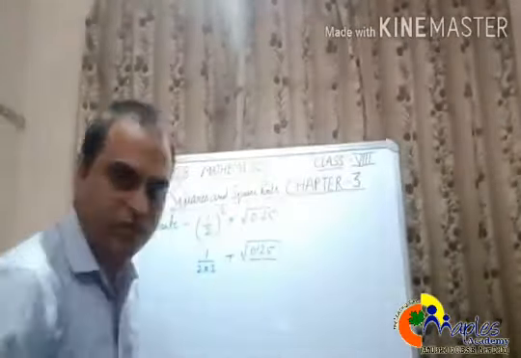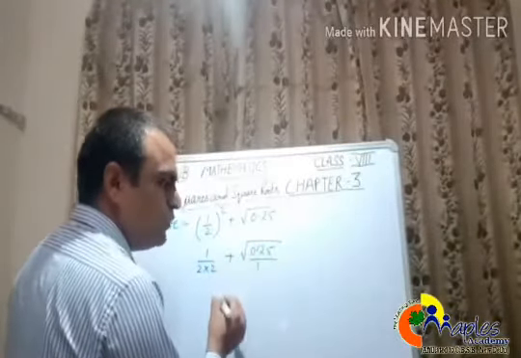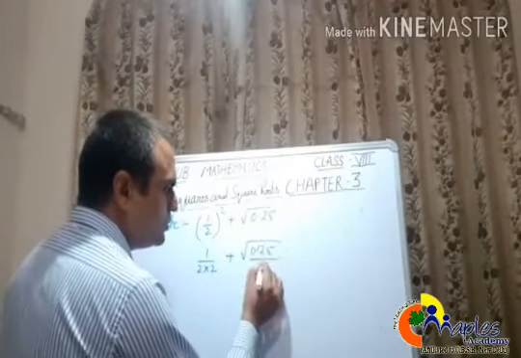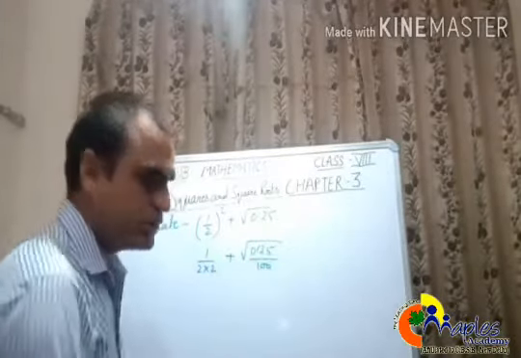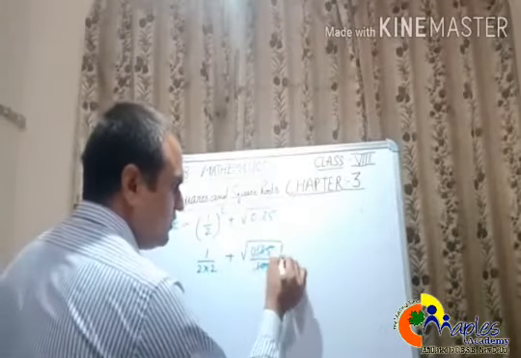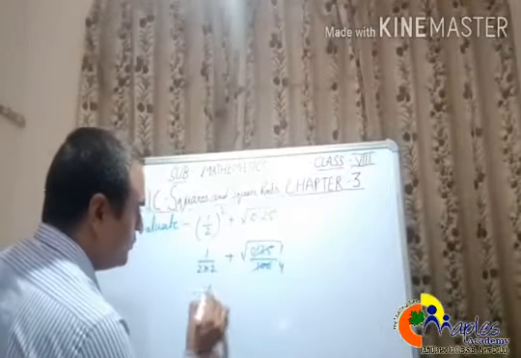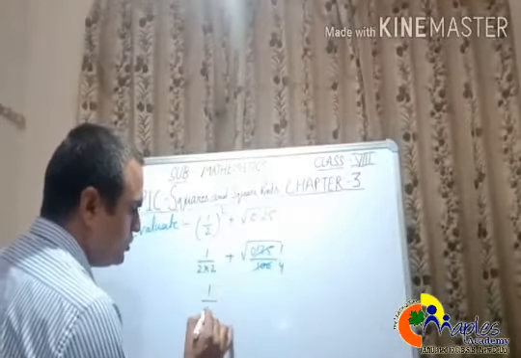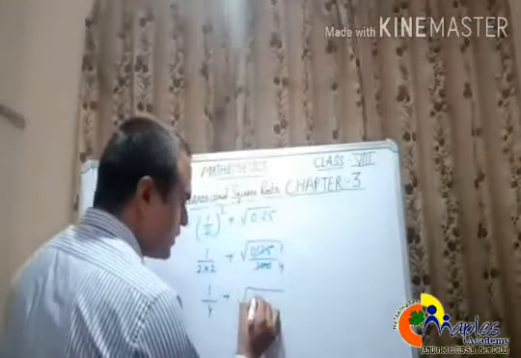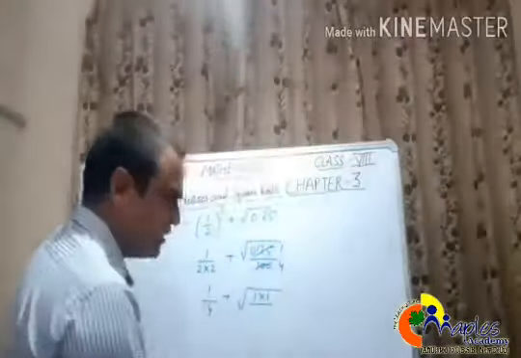Remove the decimal. When you remove the decimal, in the place of the decimal you put 1. How many digits are there on the right side? 2. Now you have to put 2 zeros. By which number can it be divided? It can be divided by 25. 25 ones are 25 and 25 fours are 100. So 1 upon 2 times 2 gives 1 upon 4, plus square root of 1 upon 100, which is square root of 1 over 4.